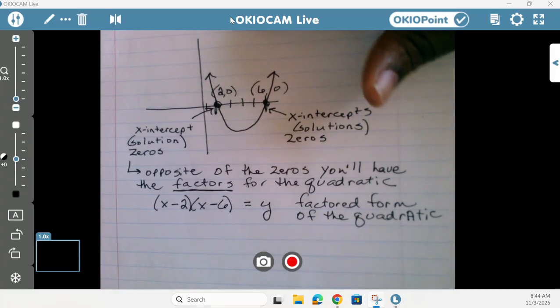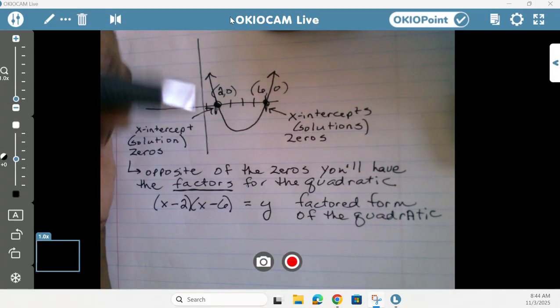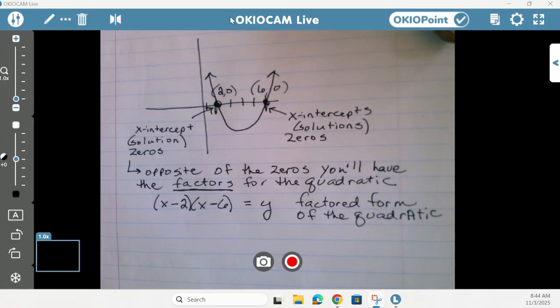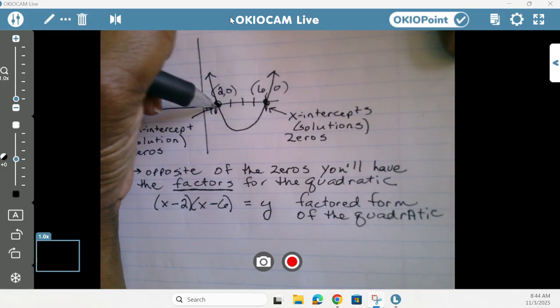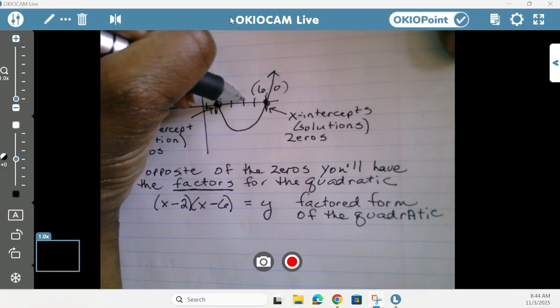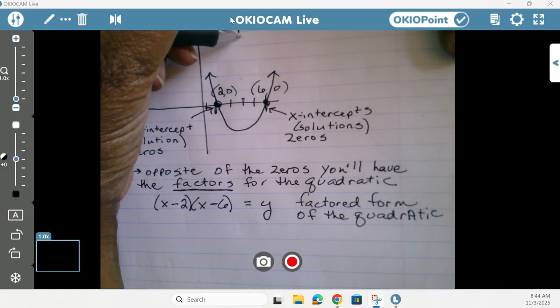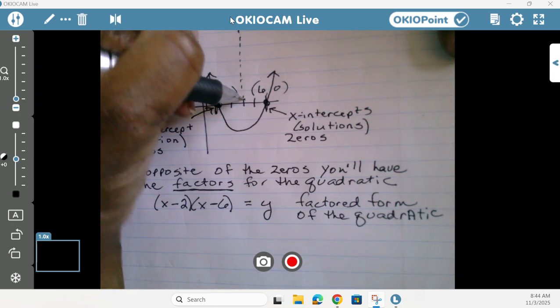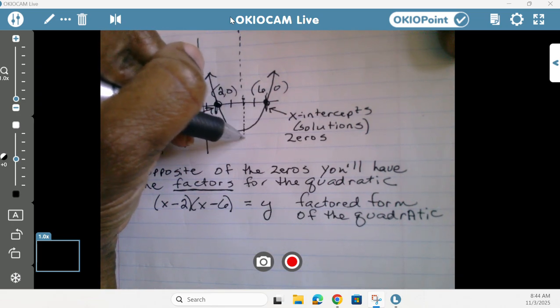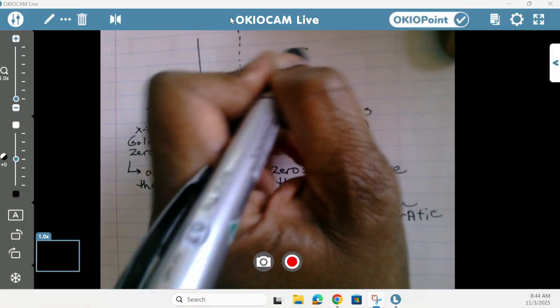Now, if we go back to that slide on Desmos, we'll see that there's an axis of symmetry. The axis of symmetry is where the graph is divided evenly. And if I'm at 2, in between 2 and 6 is 4. So this creates my axis of symmetry.